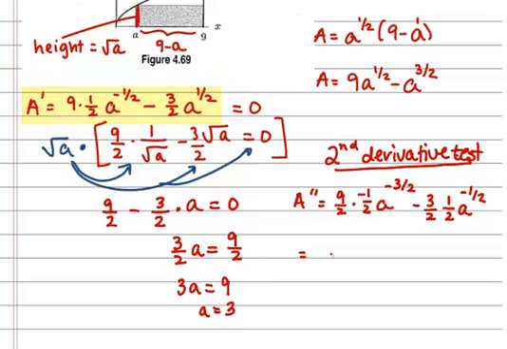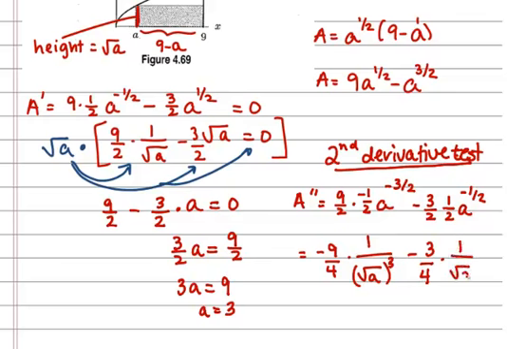And what I'll do is test my second derivative at a equals 3. And it will tell me whether or not my function was concave up or concave down, and thereby letting me know whether this would give me a max or a minimum value.